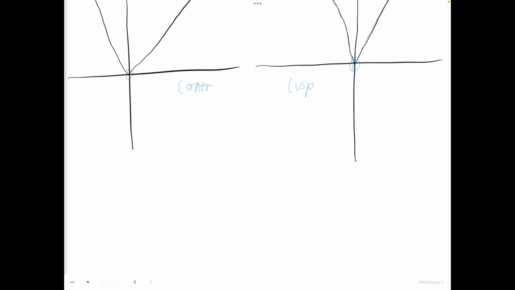Now the third way that it could fail is what we call an infinite tangent line. Now this sort of aligns with what happens with a cusp, but we treat it a little bit differently because cusps are a bit unique in what's happening there.